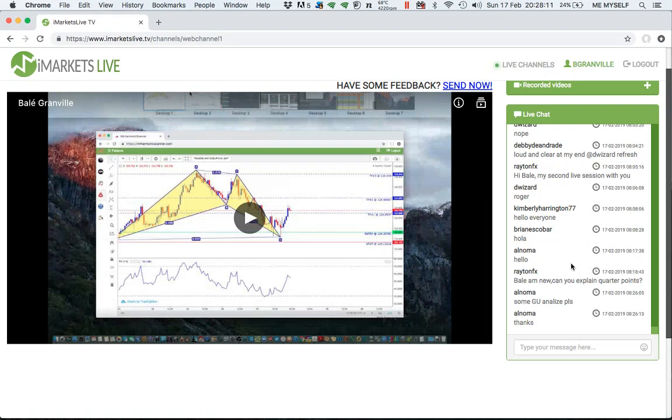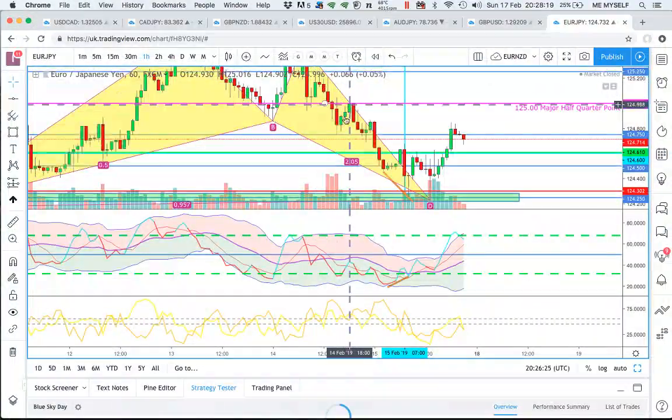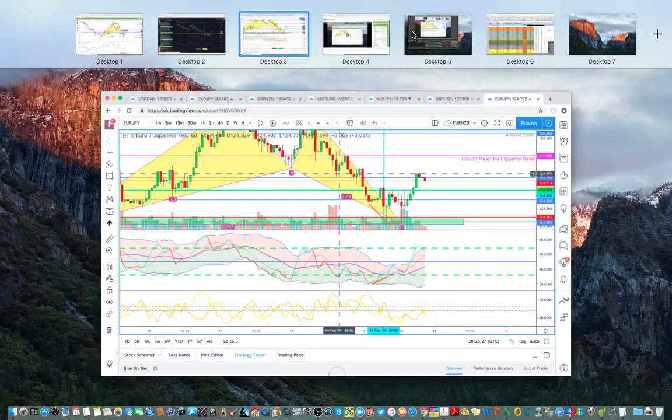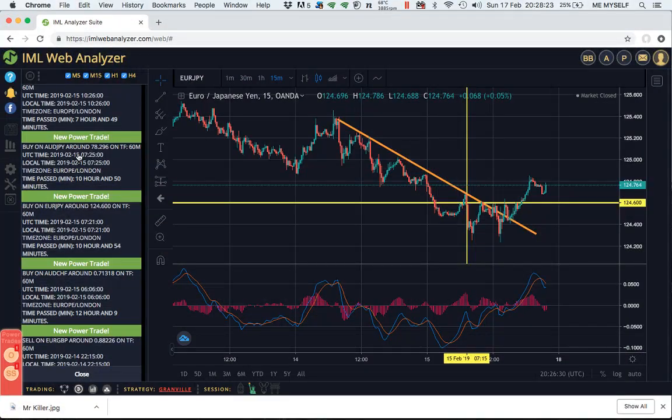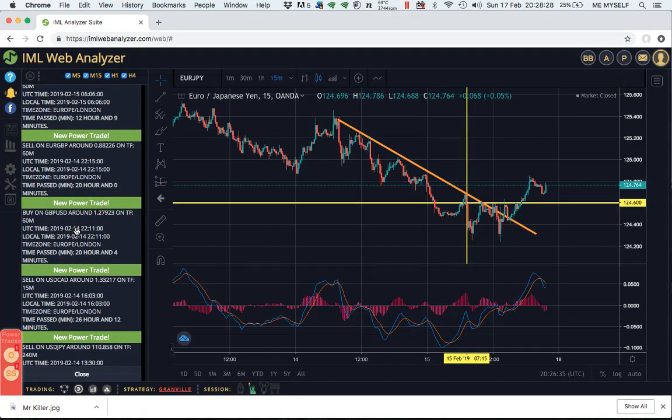Yeah. Now GU was on the Harmonic scanner, but it's changed to a different harmonic. But we could check that out. When the power trade was called, it was definitely on the Harmonic scanner for a buy. Right? So we could check out GU.